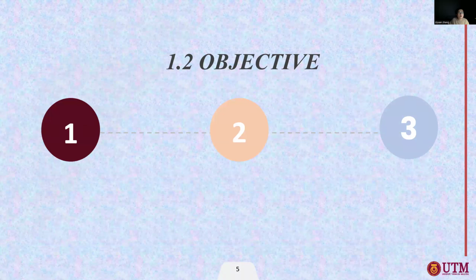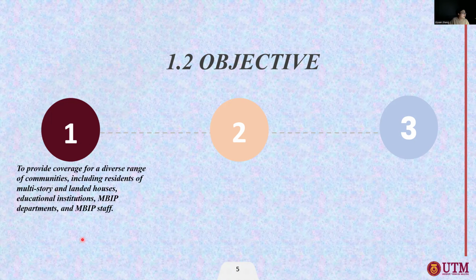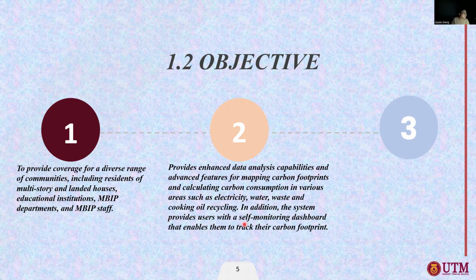So our objectives for the 2B system: one, to provide coverage for a diverse range of communities, including residents of multi-story and landed houses, educational institutions, and staff.